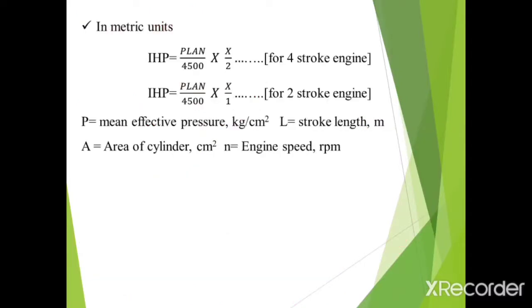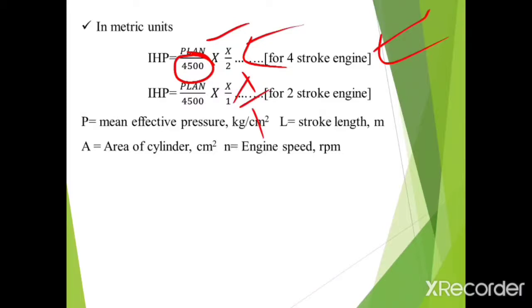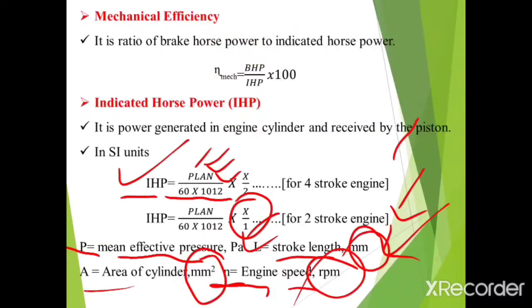Then for metric units, IHP is equal to PLAN divided by 4500 into x by 2 for a 4-stroke engine, and for a 2-stroke engine that will be x by 1. In this case pressure will be in kg per centimeter square, and stroke length in meter. In case of SI units, stroke length is in mm.